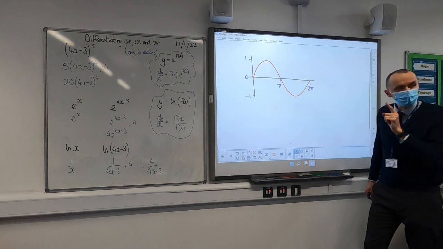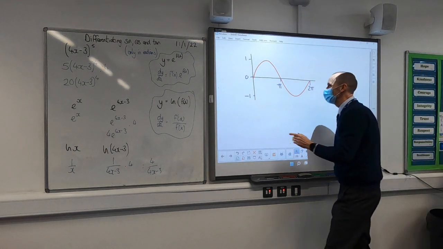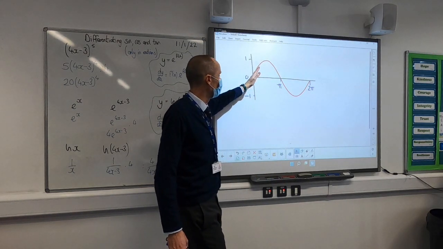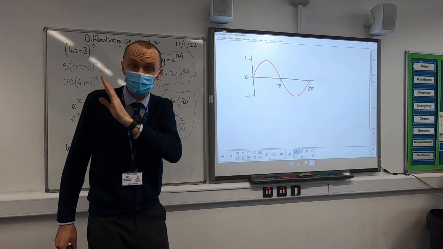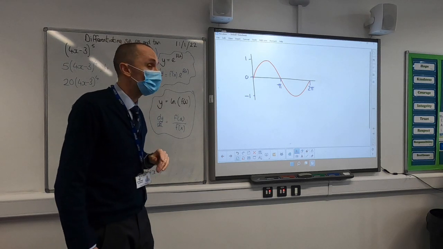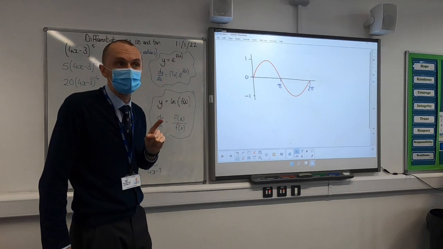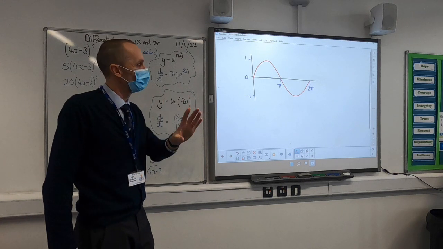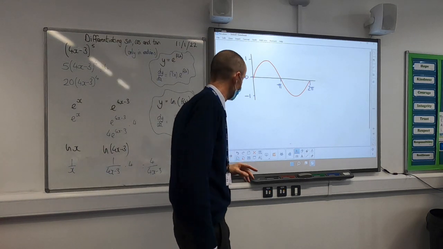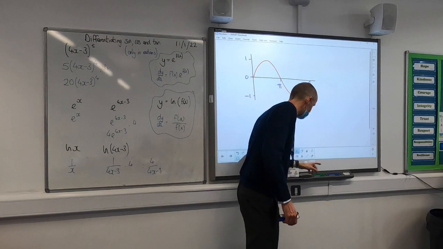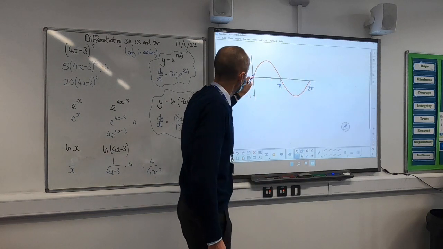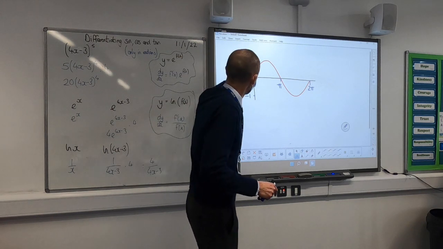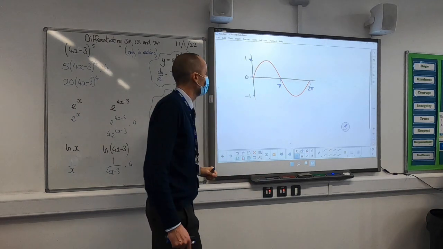And if we work in radians, and if I draw a tangent to the curve at exactly 0 degrees and work out its gradient, you get exactly 1. I'm going to tell you that, okay? The first principles demonstration proves that, which we may well do, but we're not going to do it today. So the gradient of sine at 0 degrees is 1. I'm going to plot that. It's 1.